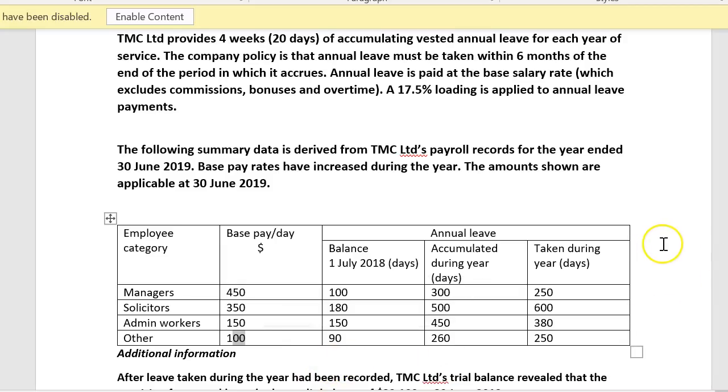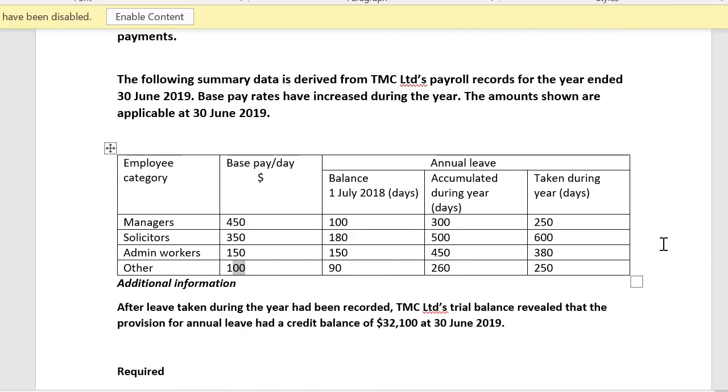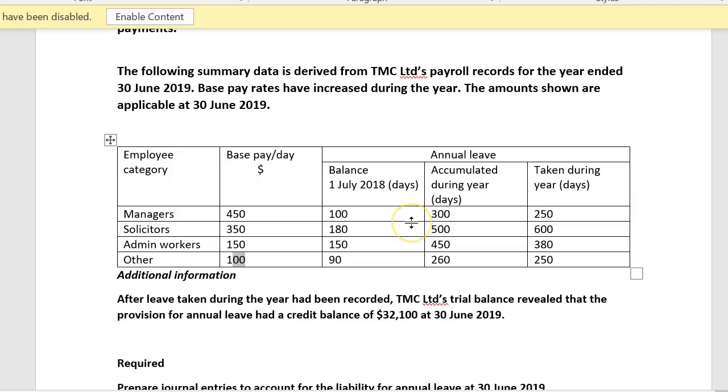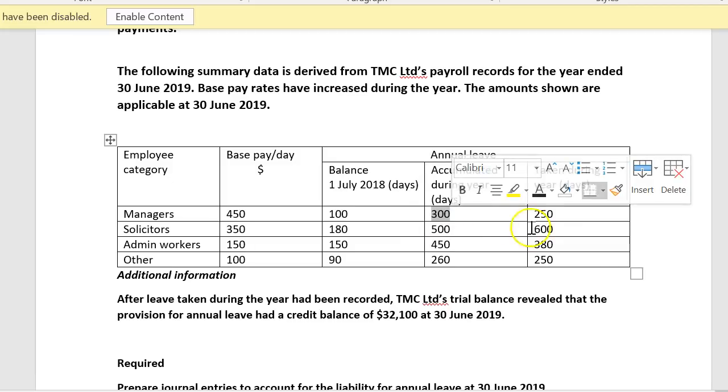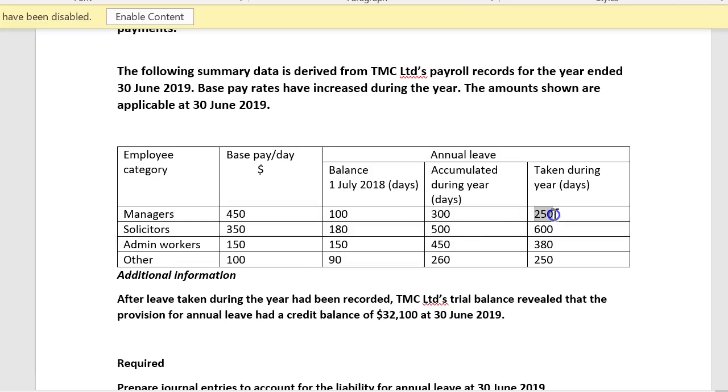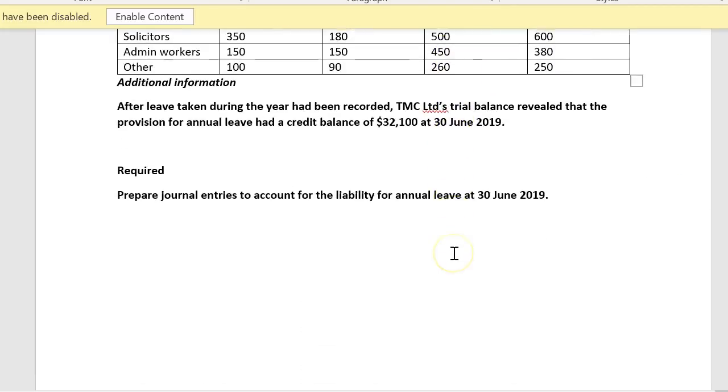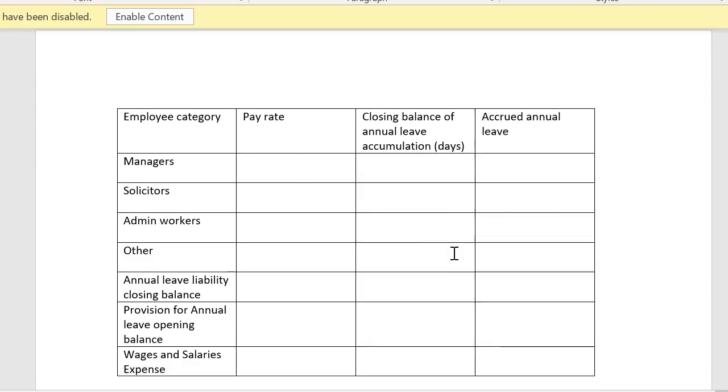Now how do we work out their accumulated annual leave days, or the closing balance of annual leave accumulated days? What you need to do is take the opening balance, add 300, that's how much accumulated during the year, and you minus 250. So let's start with managers.